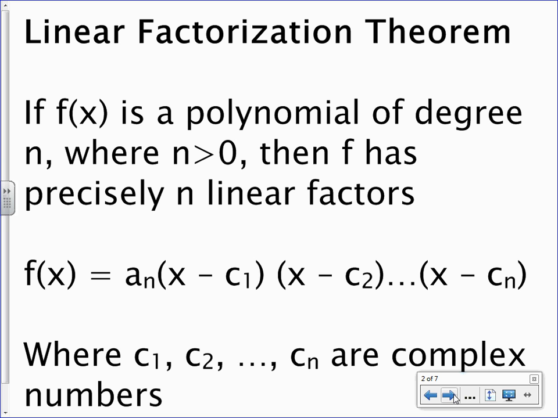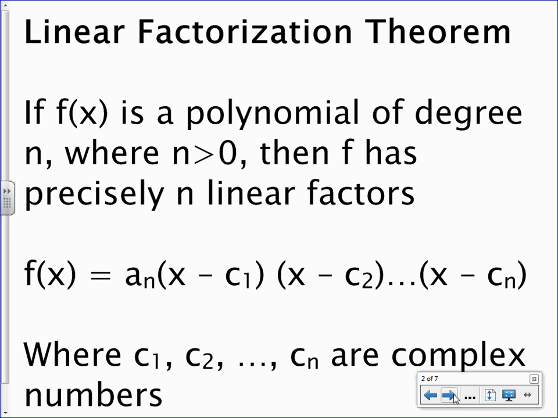No matter how many zeros we have, if we have an n-degree polynomial, we can factor it out to n linear factors. If we have a fifth degree polynomial, we are going to have 5 linear factors.